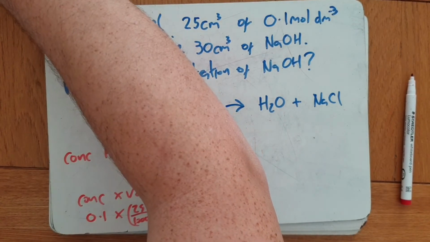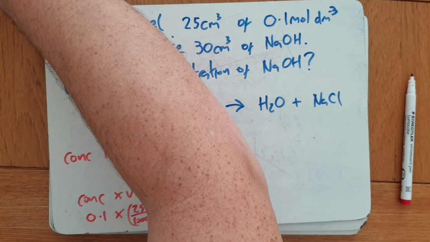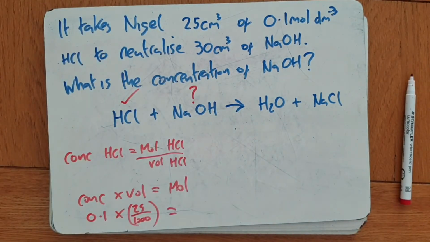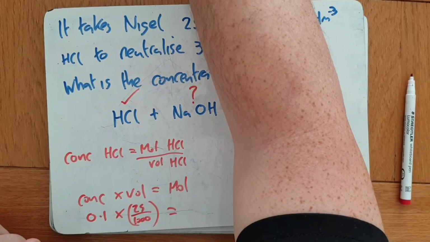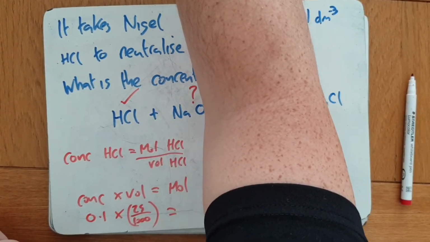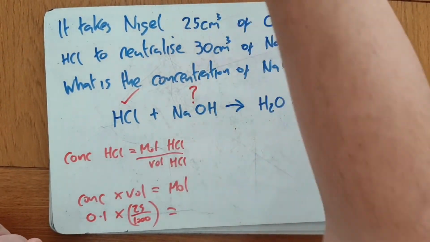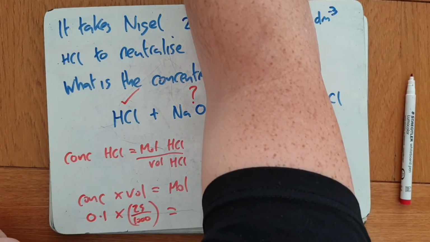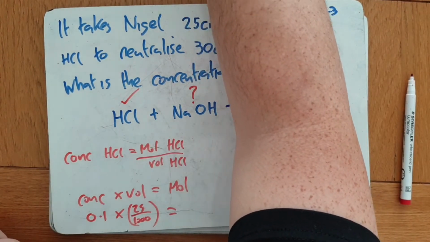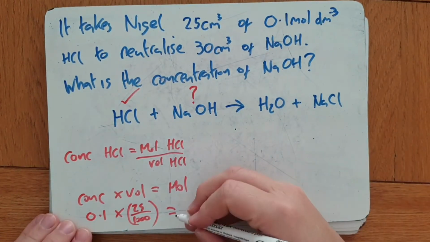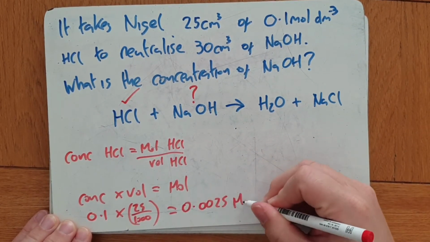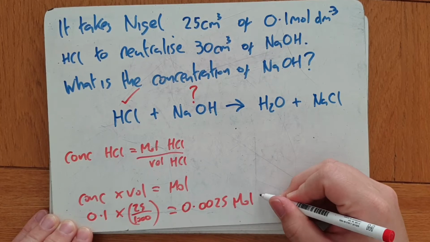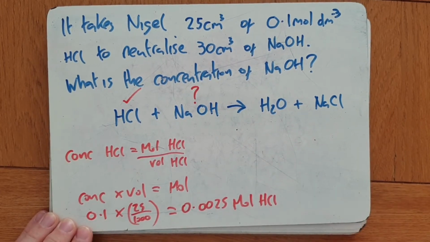And I wish I'd have set up my calculator before we started, but I'm using my phone to record it. So I'll just quickly type this into the computer. So 25 divided by 1,000 gives us 0.025, and then times that by 0.1. So we get 0.0025 moles of HCl.